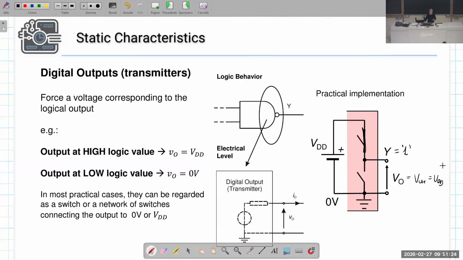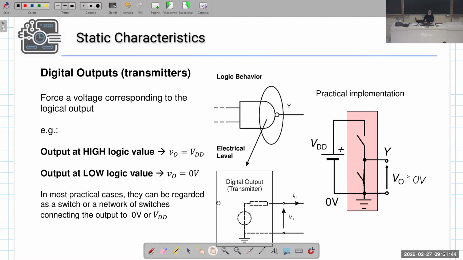When the output should be 0, the top switch is off, the bottom switch is on, and so the output voltage is close to 0.